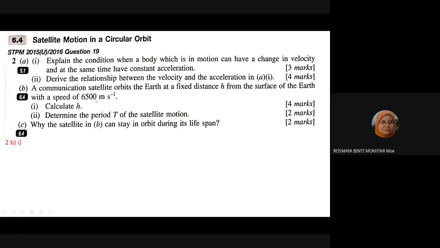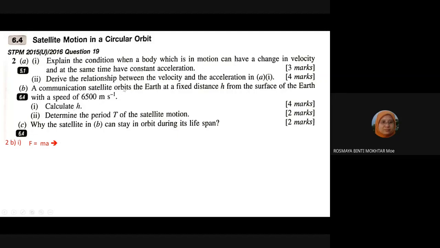You are going to calculate the h. H is measured from the surface of the Earth, so you must add the r, the radius of the Earth.